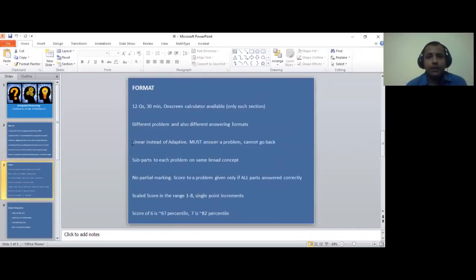So what's the format? You get 30 minutes to do 12 questions. And this is the only section where an on-screen calculator is also available. Nevertheless, it's always advisable not to use it, because at 2.5 minutes per question, you don't have the liberty to type in and do.